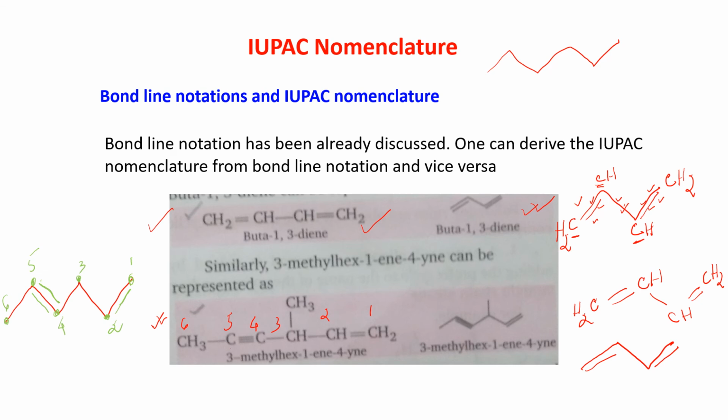And there is a methyl group. Now a methyl group is only represented by one line. And at the rest of the places hydrogens are there, but we will not write them. So what is the figure that I am getting? This is my answer.